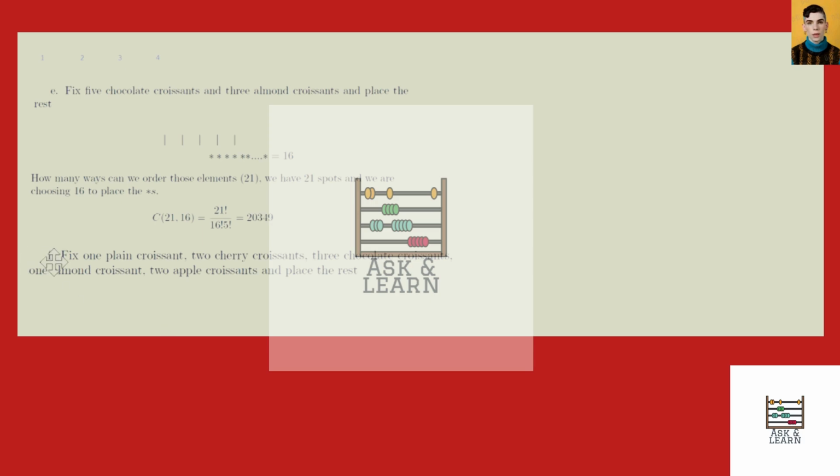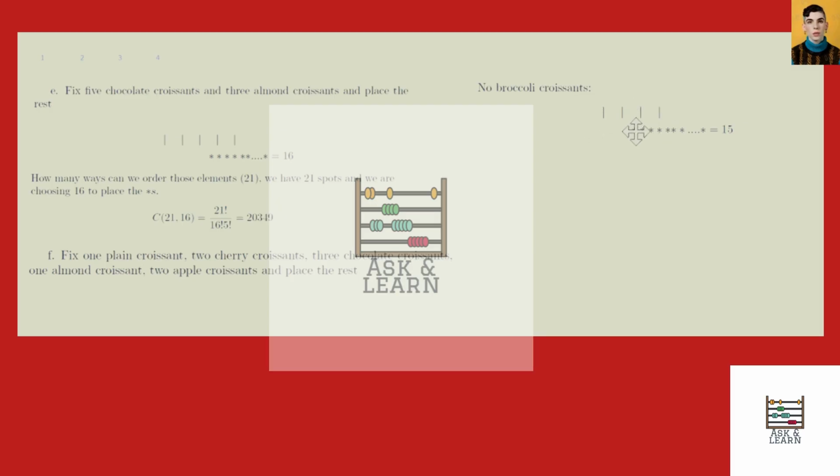For part F, we have to fix 1 plain croissant, 2 cherry croissants, 3 chocolate croissants, 1 almond croissant, 2 apple croissants, and we are gonna place the rest. So suppose that we have no broccoli.